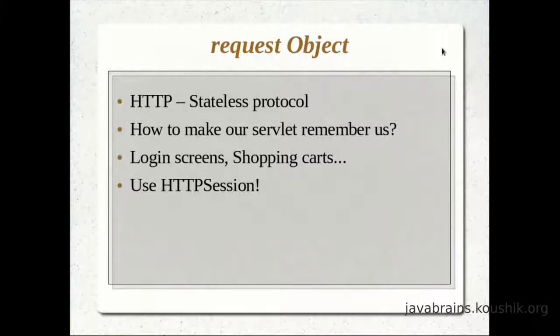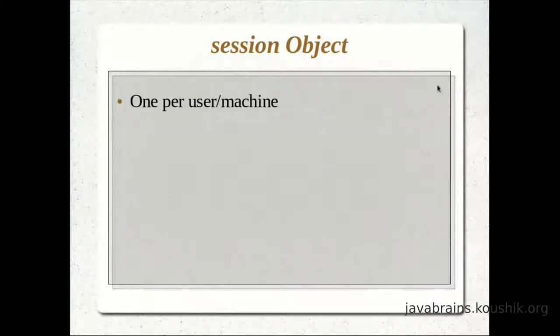So this is a simple overview of how we can use request objects and session objects to persist data, user input, across different accesses. A session object is created per user or machine. Again, we will elaborate this in a bit more detail shortly.